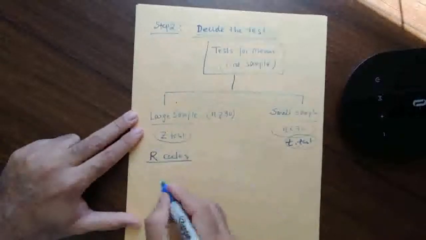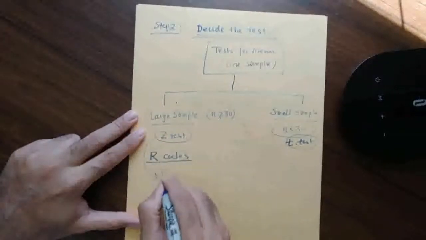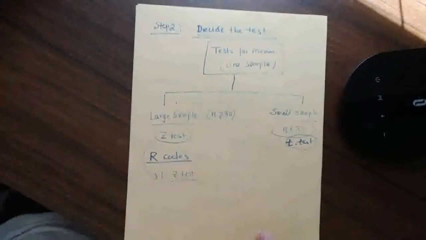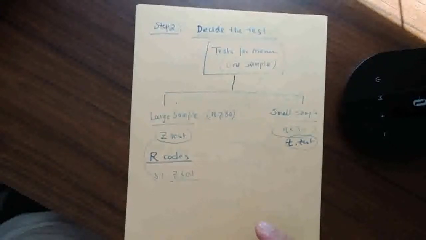So let's talk about the z-test here first. And I'm going to post a PDF file with the R code showing how to do the z-test, but I'm writing it here anyway.